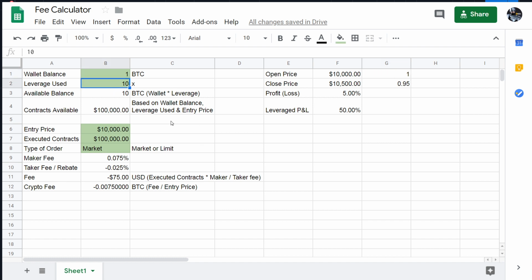Now, I'm going to say something, and I want you guys to hear me. You should really never go more than 10x leverage. I only advocate somewhere between 3 and 5x leverage, because that is the safest route. At 3x leverage, I have 30,000 available to me.